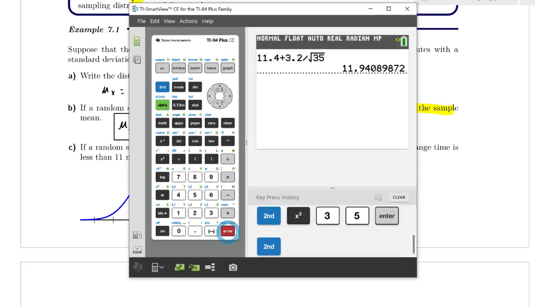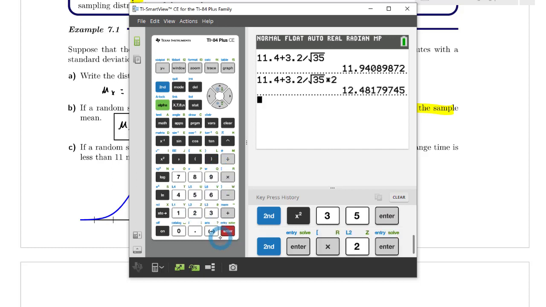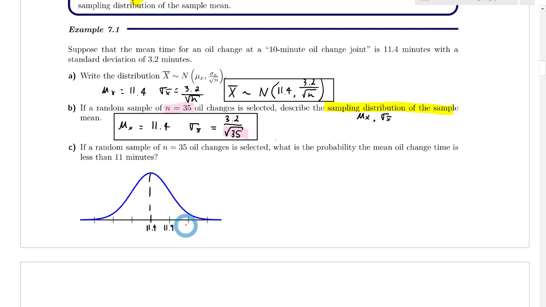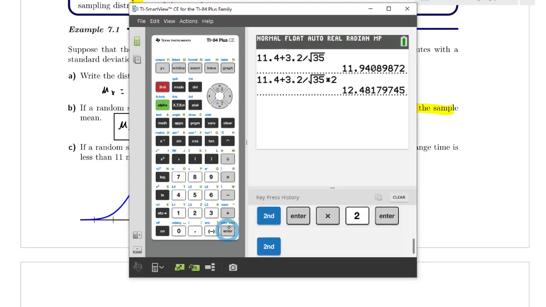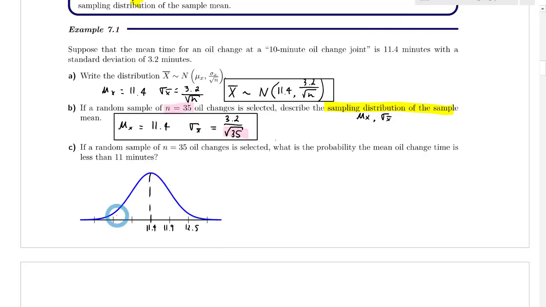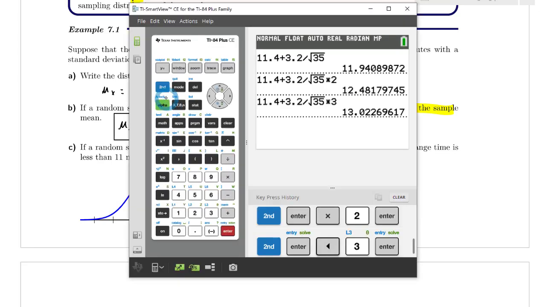Hit second enter and put a times 2, and we'll have 12.5 as the next one. Then change that 2 to 3, and we get 13.0.